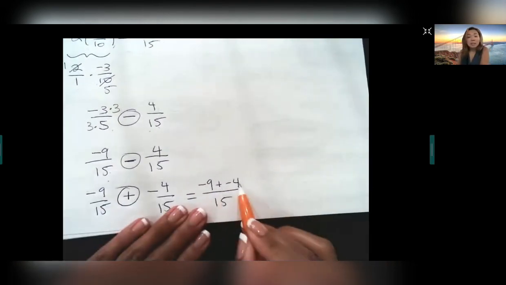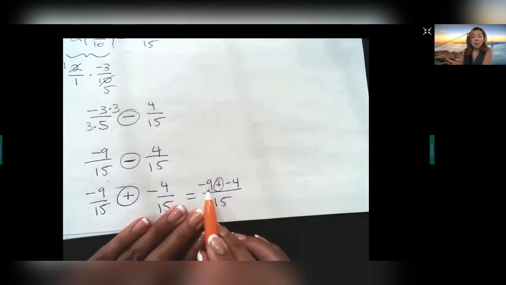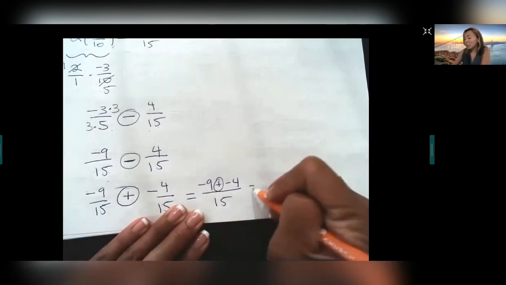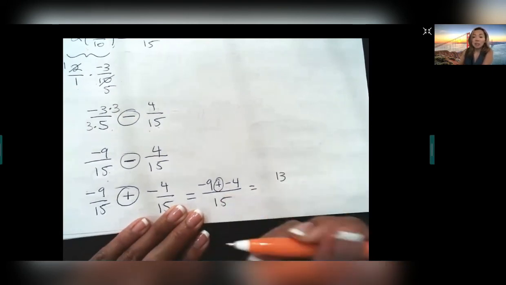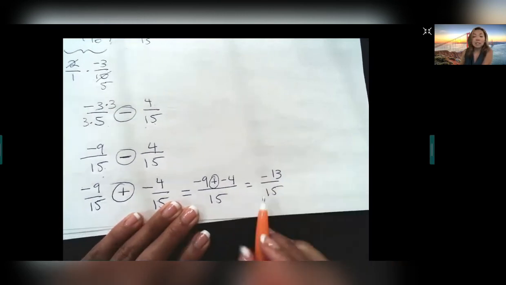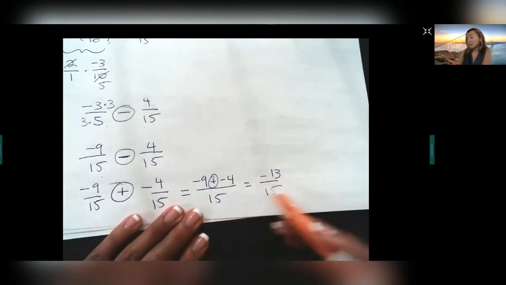Remember, I'm adding now, which is good. I'm going to the left 9 steps, and I'm going to the left 4 steps. So how many steps am I taking to the left? I'm taking 13 steps to the left. So I add the two numbers together. And since we're in the direction of the left side, that becomes a negative. So negative 13/15. And can I simplify this? No, I cannot. And again, the negative could be on top, on the bottom, or on the side.